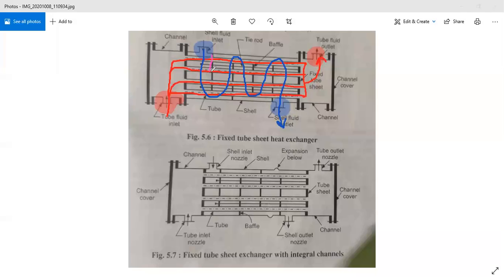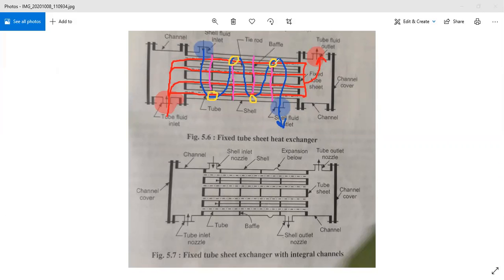So this is the baffle arrangement in this way. This should be touched, welded or joined to the shell. But in alternate way, if you observe here, intentionally the space is provided at the bottom, then in the next baffle at the top, and likewise at the bottom and at the top.